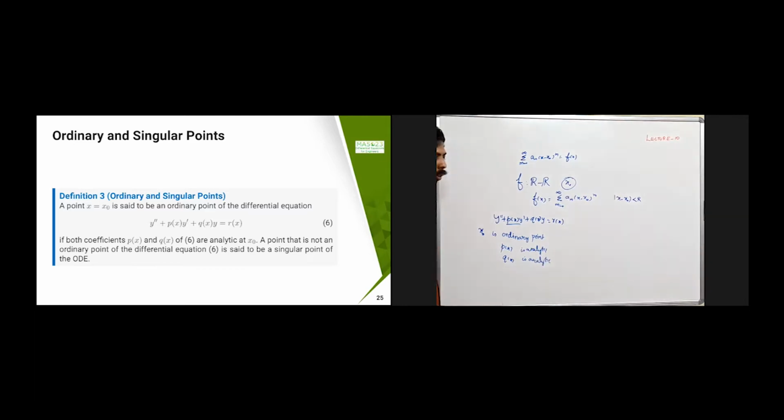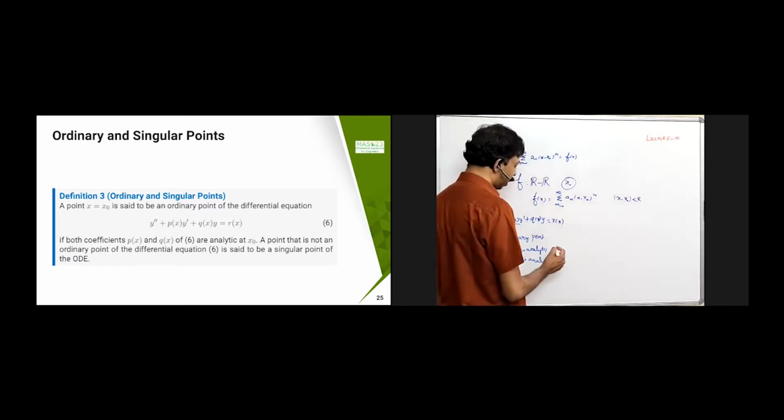We say that this x naught is an ordinary point when the coefficient p of x is analytic and q of x is analytic.